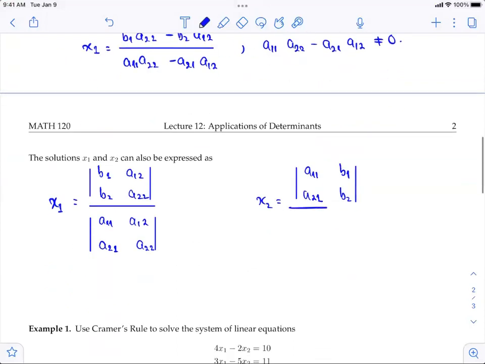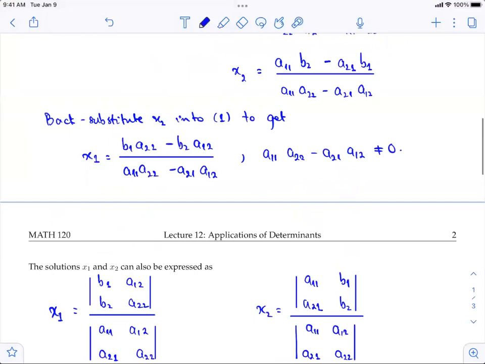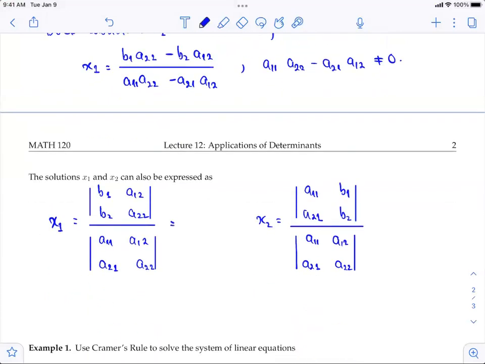And the denominator is going to be the same as in the case of x1: A11, A12, A21, and A22. Now, if you let the capital A be the coefficient matrix of the system, the denominator for this solution is going to be the determinant of A.